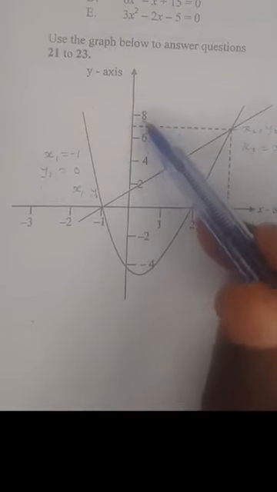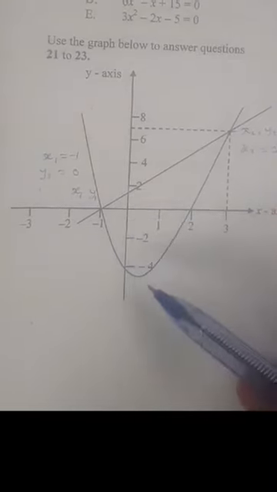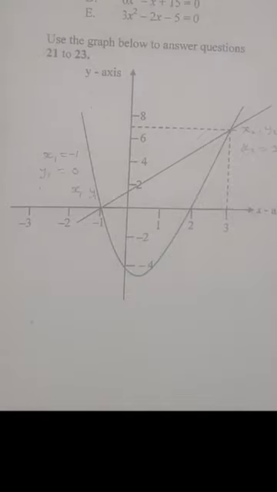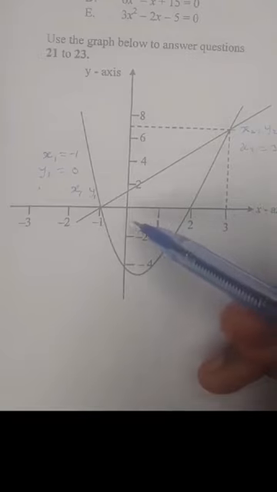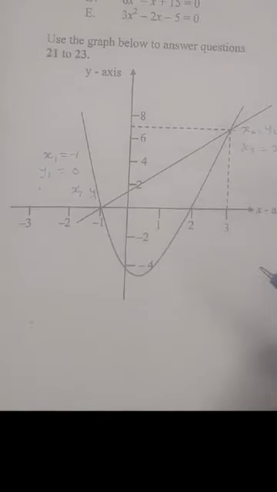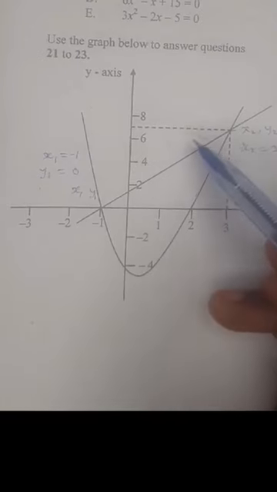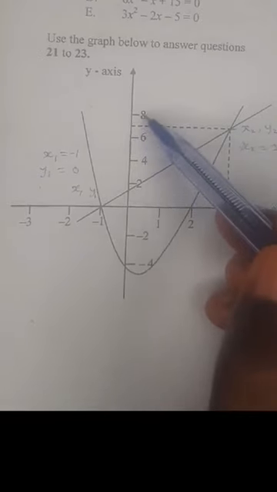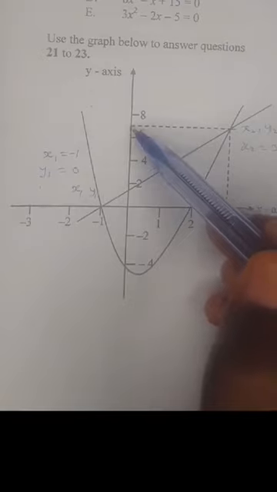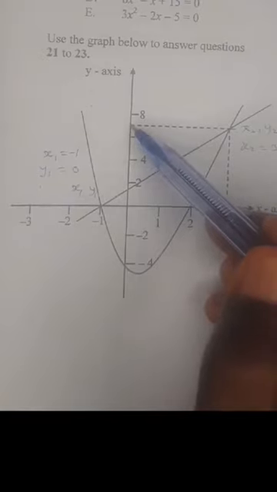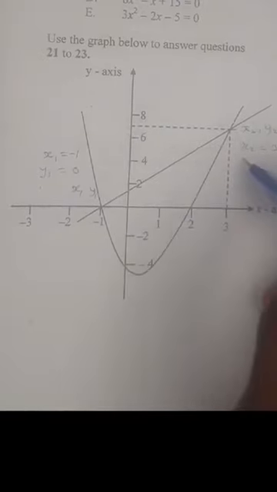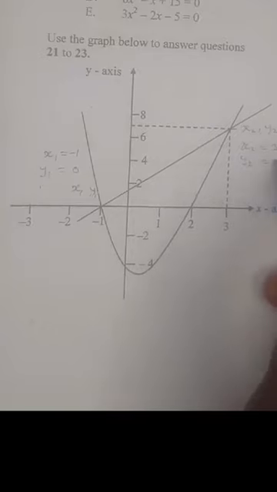If you look at the y-axis very well, it seems like 2 centimeters represent 2 units. So if 2 centimeters represent 2 units, it means that 1 centimeter will represent 1 unit. You see the dotted line is in between 8 and 6. That means the dotted line is at 7. So we can say our y2 is equal to 7.